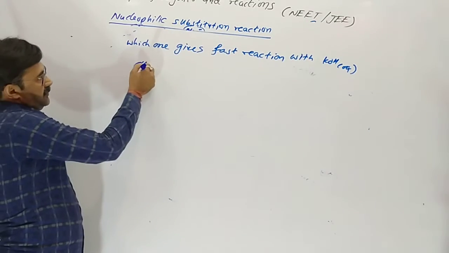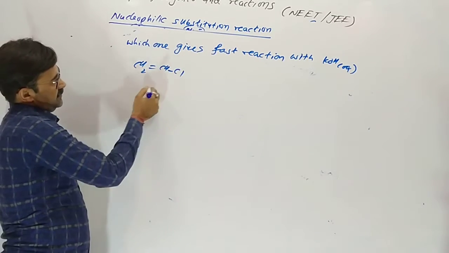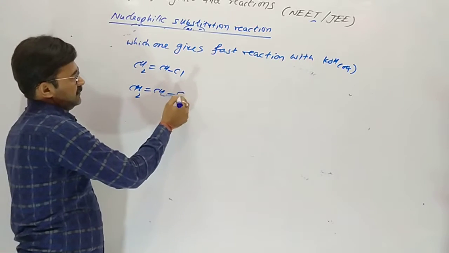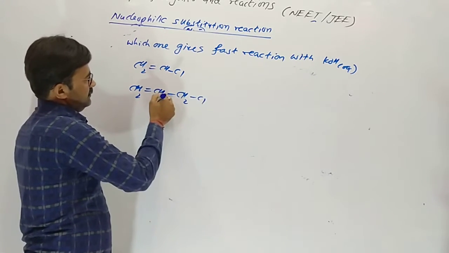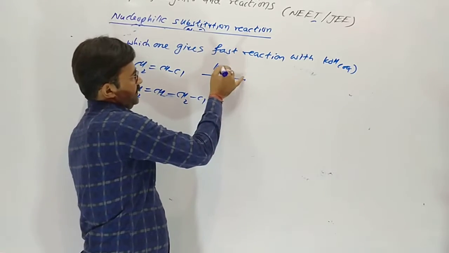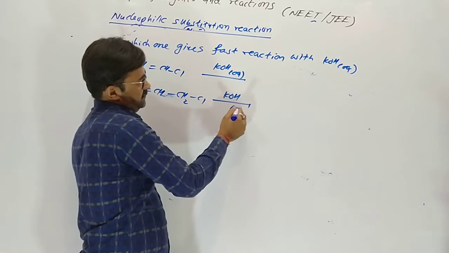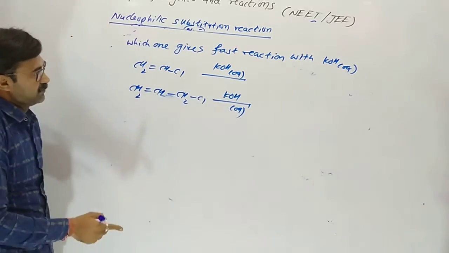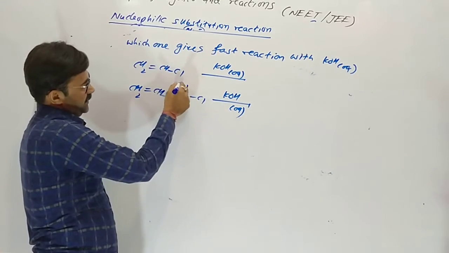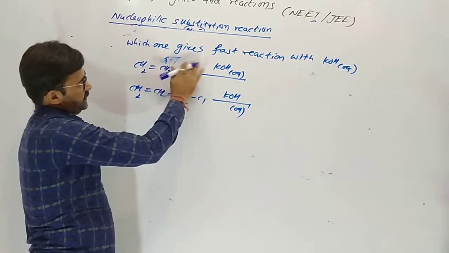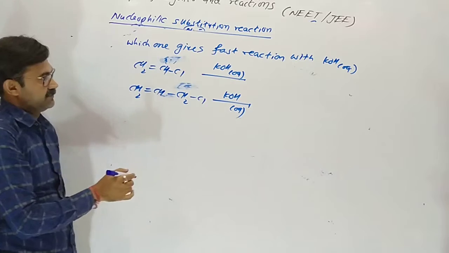Here vinyl chloride we are taking as an example, and allyl chloride. Tell me, both are reacting with aqueous KOH. Which one gives faster? Here both carbons are primary. No need to consider it, both are the same, primary.